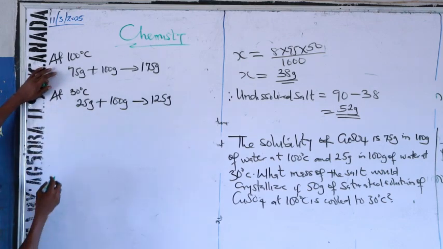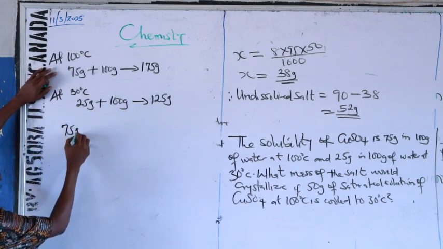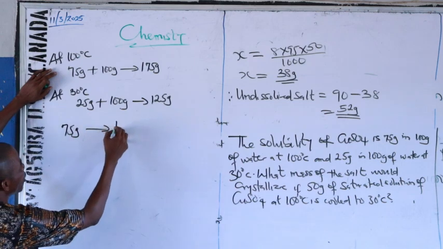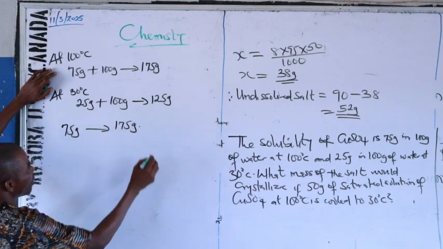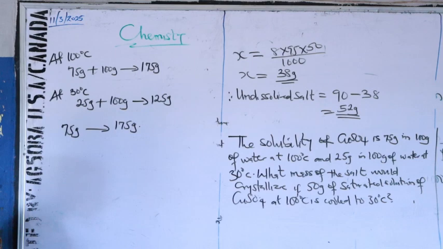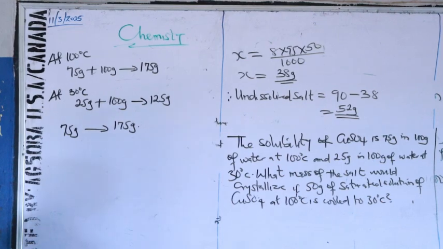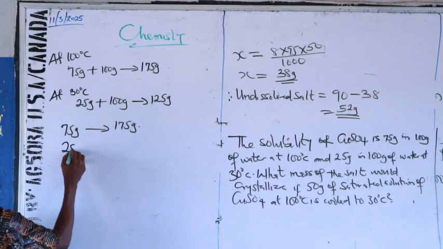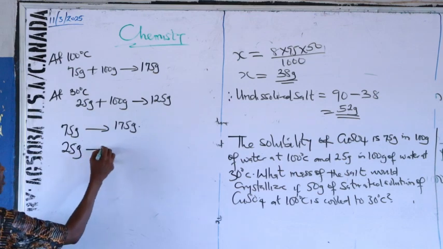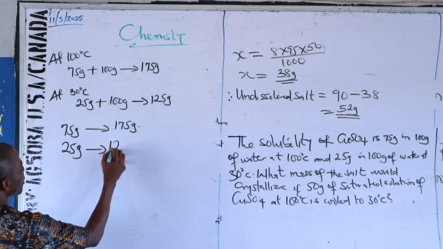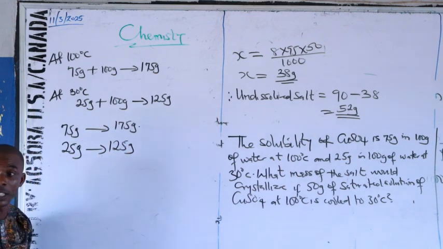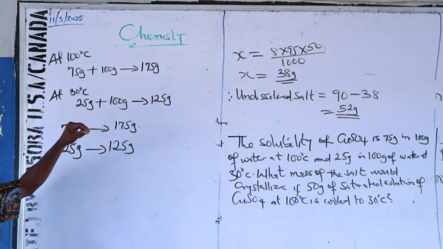It means we can say 75 grams of the solute is dissolved in 175 grams of the solution. That is at 100 degrees centigrade. And we can say 25 grams of the solute is dissolved in 125 grams of the solution at 30 degrees centigrade.